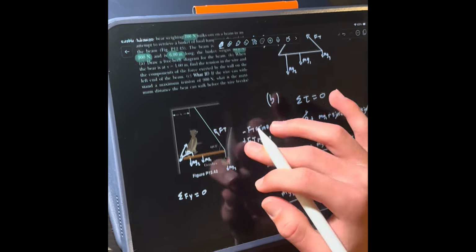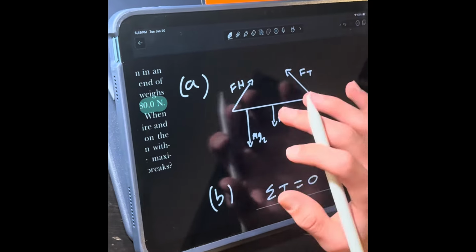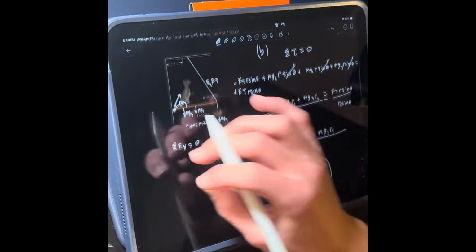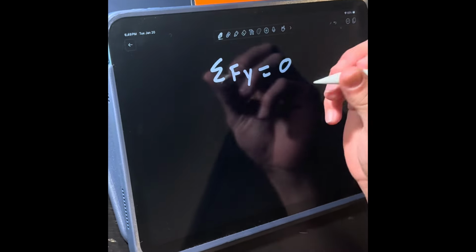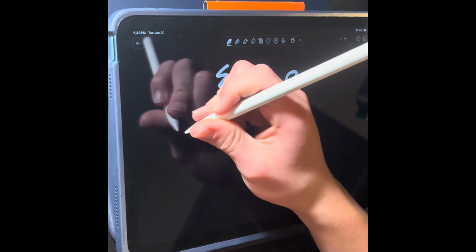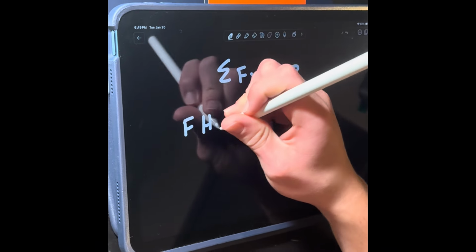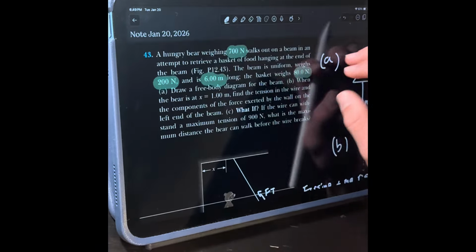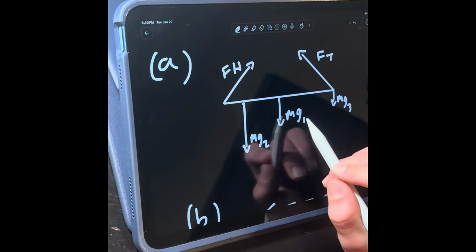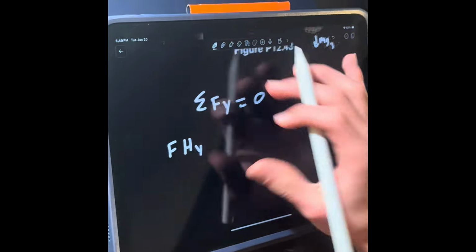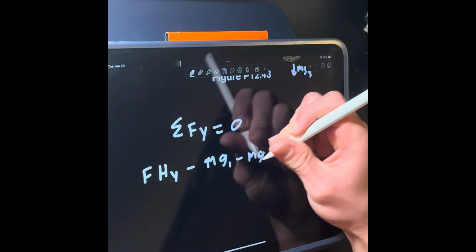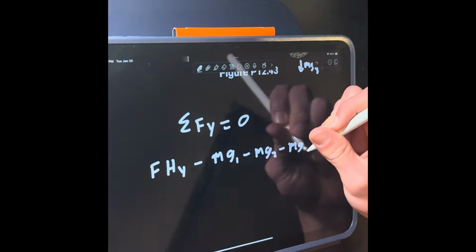So first, starting off with the net force in the y, we could look at the free body diagram. For the force of the hinge in the y direction, we don't have to write sine theta or anything because all we're finding is its y component, which is what the question is asking. So we get force of the hinge in the y, that's upwards, which is our positive direction, minus mg1, minus mg2, minus mg3.